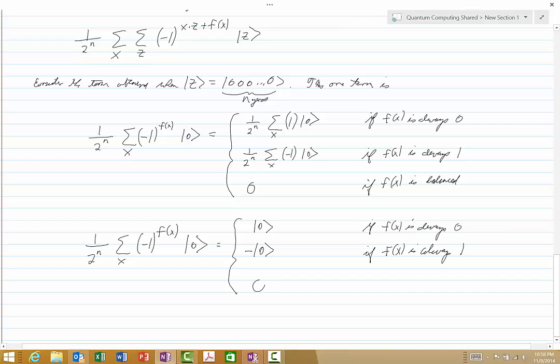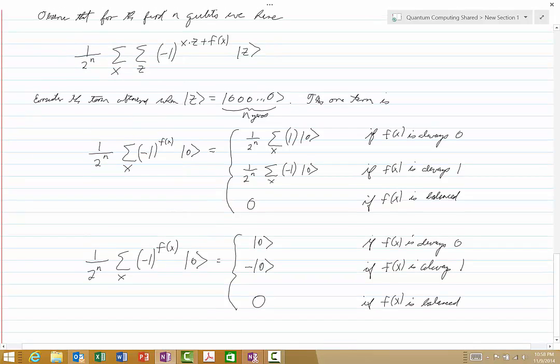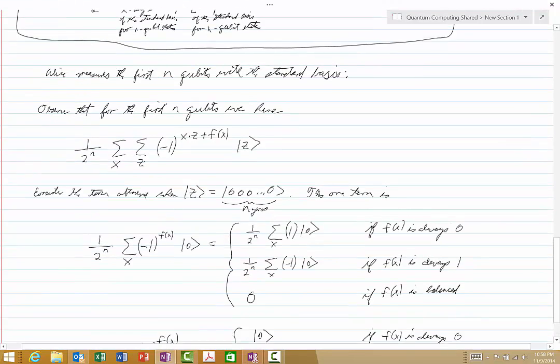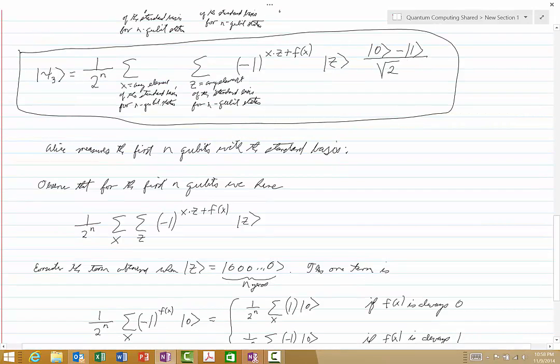And we will get 0 if f of x is balanced. And now the key to finishing this all up, remember that what we're talking about here is just one of the terms coming out of the z summation. So, there are 2 to the n minus 1 other terms.